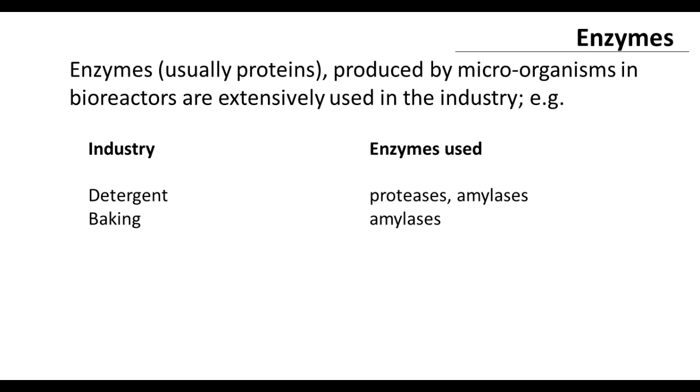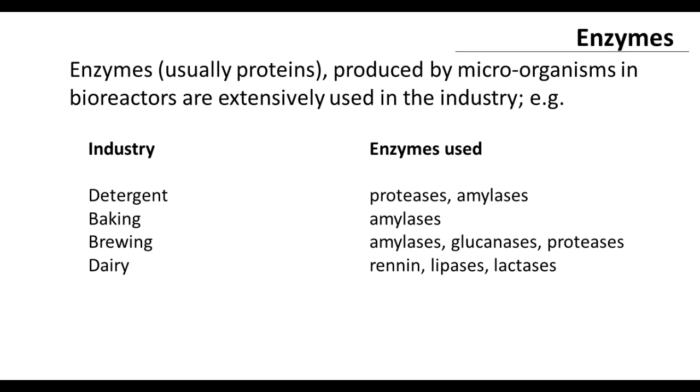In the baking industry, amylases are used. In the brewing industry, amylases, glucanases and proteases are used. In the dairy industry, rennin, lipases, lactases. In the starch industry, amylases, glucose isomerase. Remember, we said that starch can be broken down to glucose for further fermentation. Amylases are the ones that could carry that out.